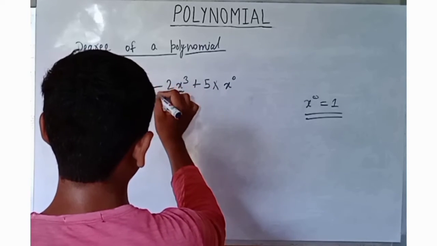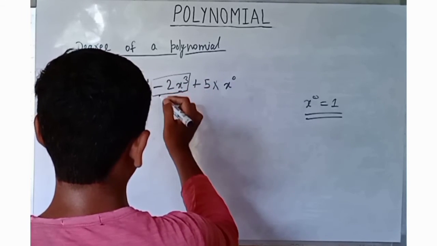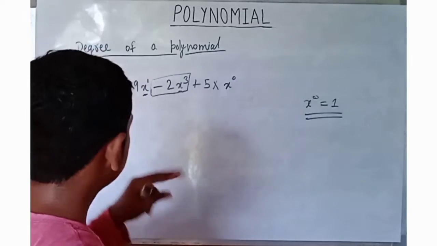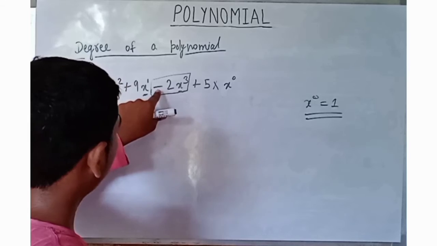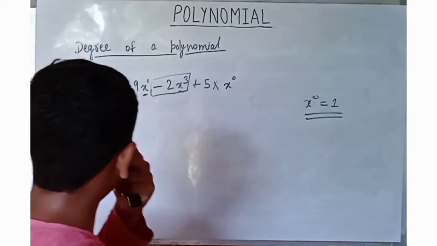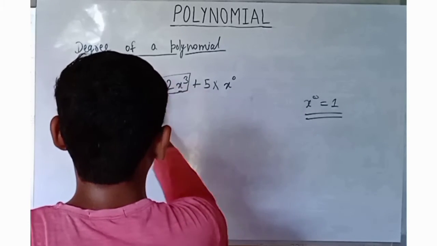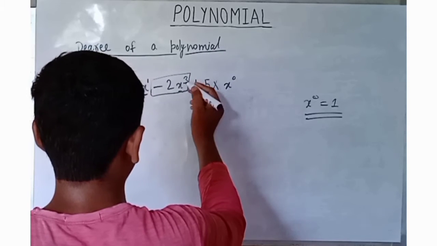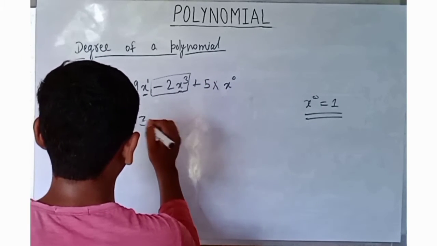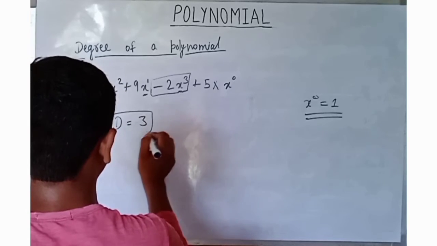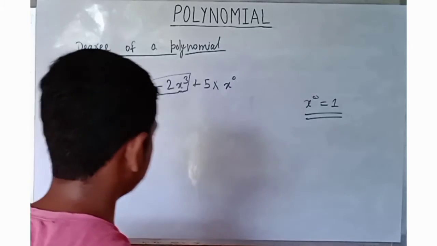This is the highest power term, and the term is assigned with its sign, you have to mention the sign. So the degree of the polynomial will be 3. In this way you have to mention it.